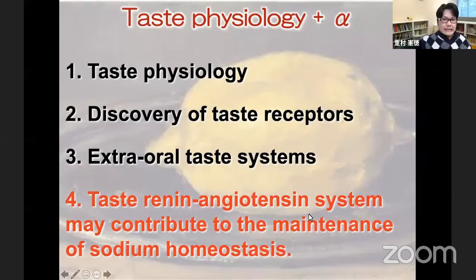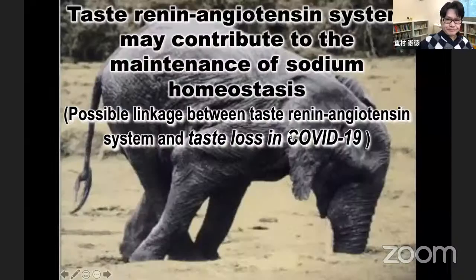The topic 4 is the taste renin-angiotensin system may contribute to the maintenance of sodium homeostasis. This is our research work. The subtitle is Possible Linkage Between Taste Renin-Angiotensin System and Taste Loss in COVID-19.